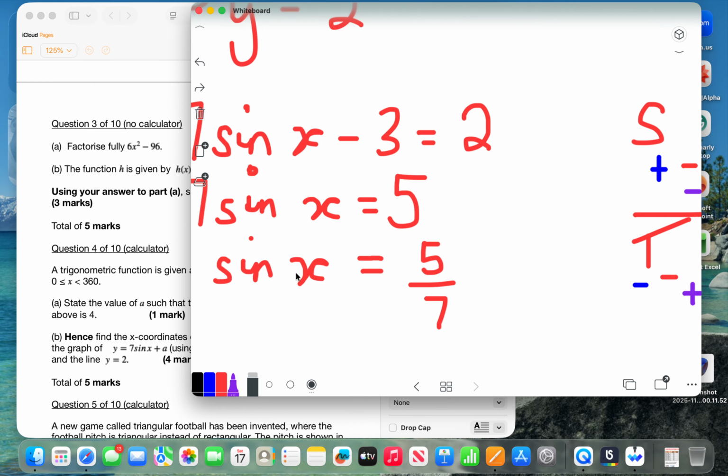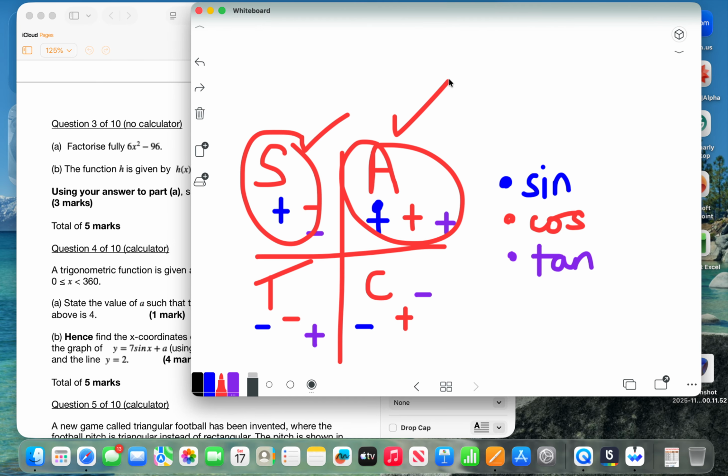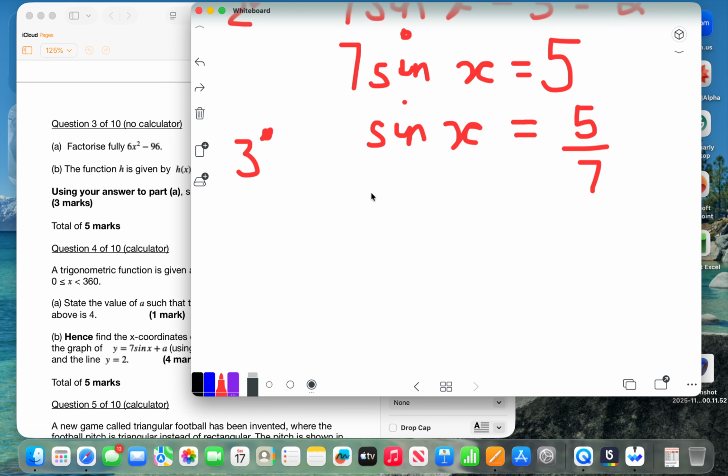We have that the sine of x is positive, so we're going with this one and this one. The next thing we want to do is find the inverse sine of the positive value on the right hand side. Now this is positive, but suppose we had the equation sine of x equals -5/7.